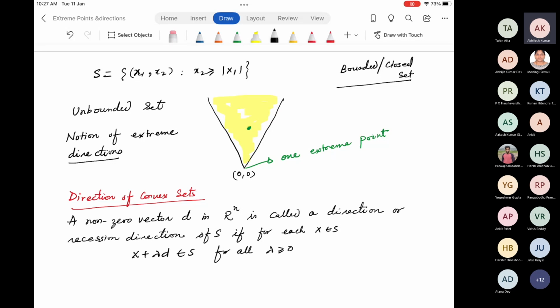Read this line carefully. A non-zero vector d in Rn is called a direction or recession direction of S if for each x belonging to the convex set S, x plus lambda d belongs to S for all lambda greater than or equal to 0.